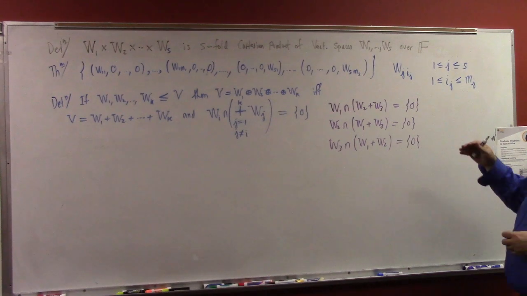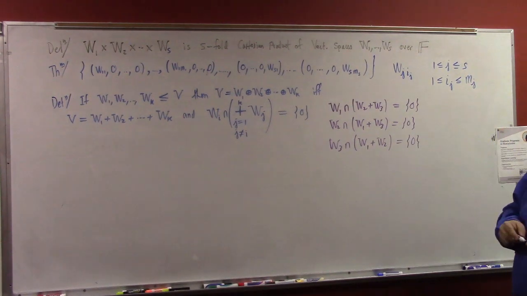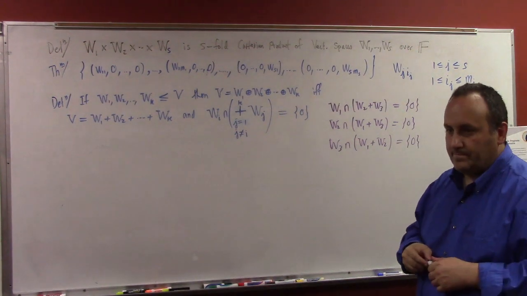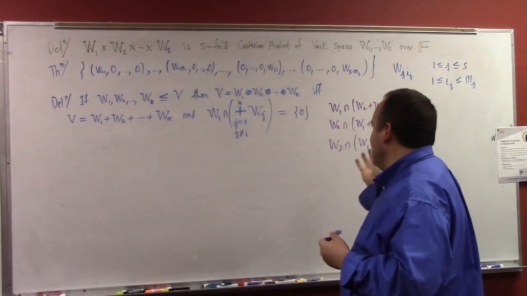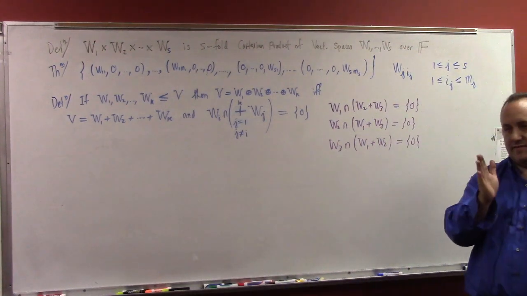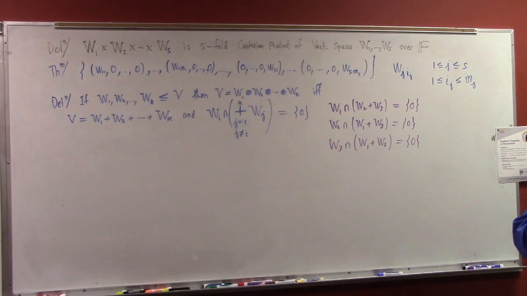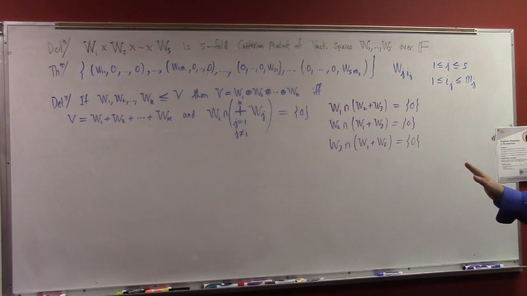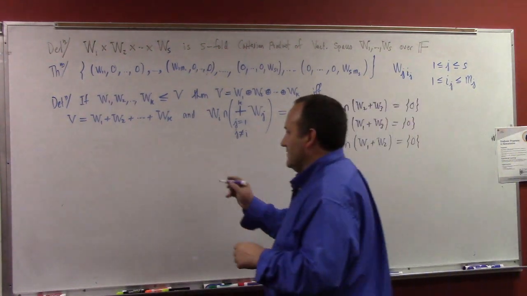This is how we characterize independence of subspaces when there's 3 or more. That reduces to simple intersection being 0 when we have 2 subspaces. But for 3, we have to be more careful. So that is a potential definition. It's actually not the definition in my notes. What's the definition in my notes?